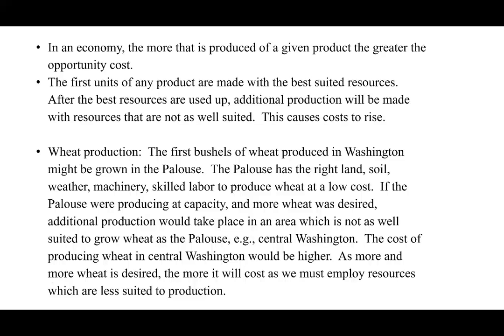For example, central Washington. This would mean that the cost of producing the next bushels of wheat, say in central Washington, would be higher. As more and more wheat is desired, the more it will cost, as we must employ resources which are less suited to production.